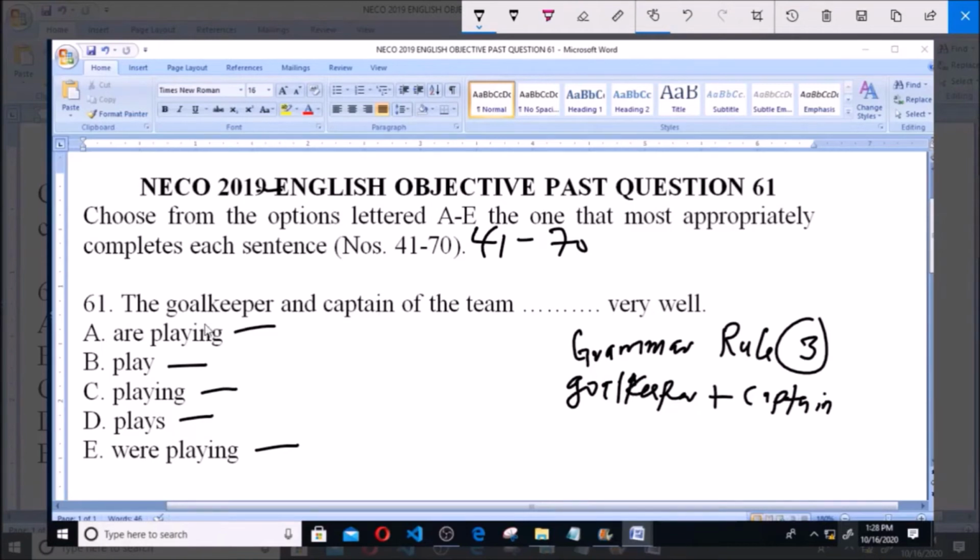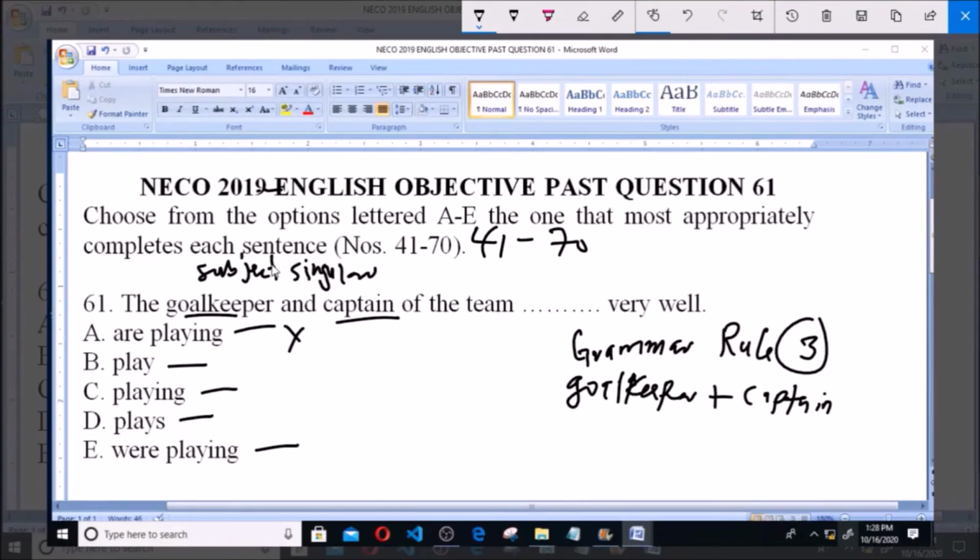We cannot say the goalkeeper and captain of the team are playing very well, because the goalkeeper and the captain is one person. So our subject is singular. The same person that is the goalkeeper is the same person that is the captain.